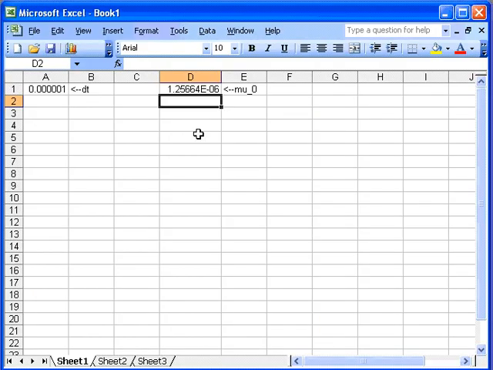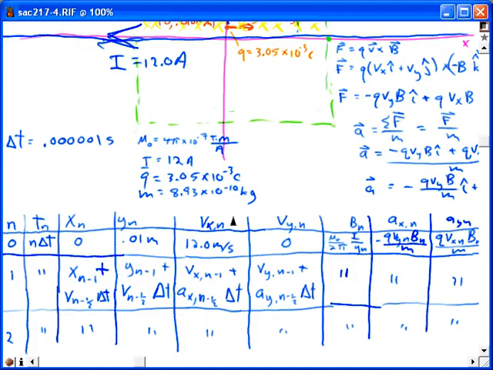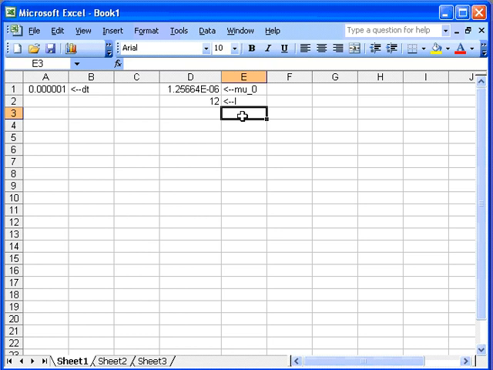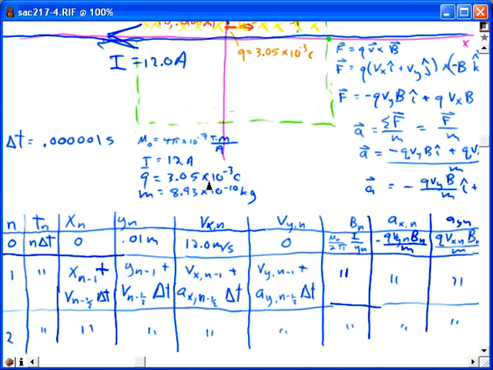12 amps was I, capital I. And 3.05 times 10 to the minus 3 coulombs for Q. E minus 3, I think it was. 3.05 times 10 to the minus 3.